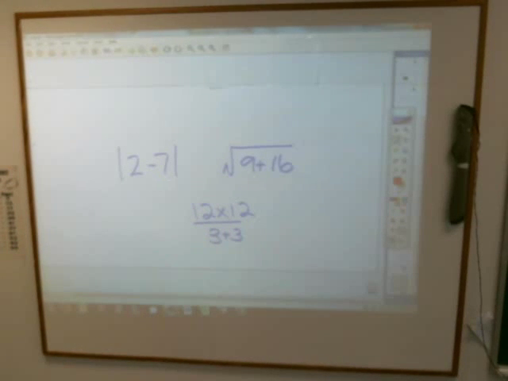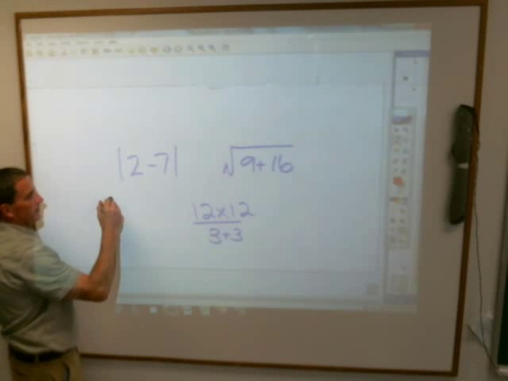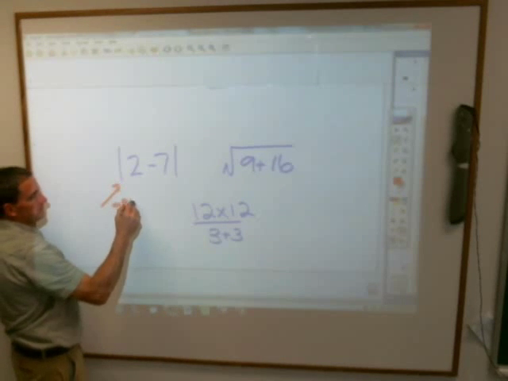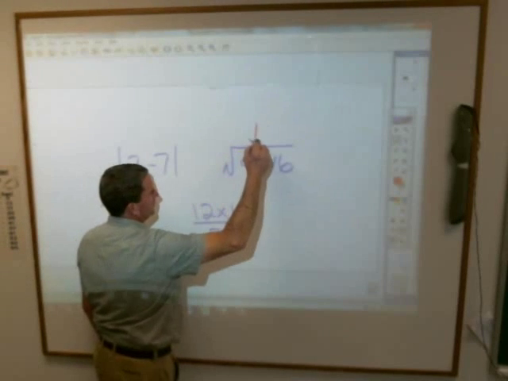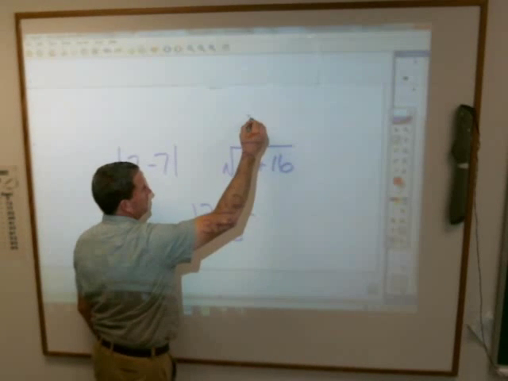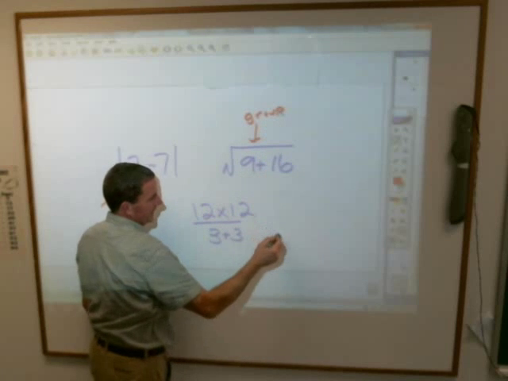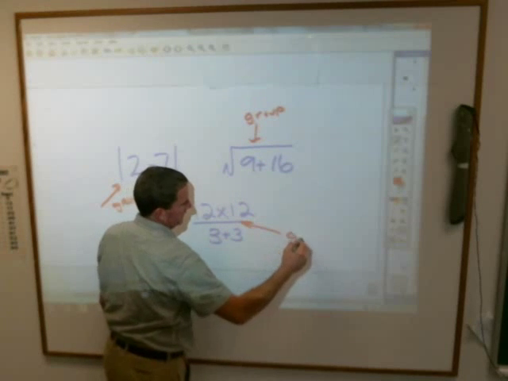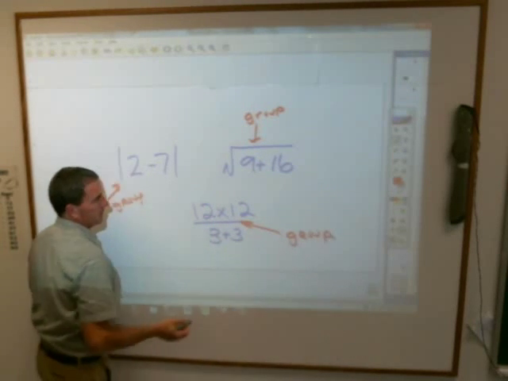If you see problems like that, these are three different examples of grouping symbols that you don't usually think about. Absolute value signs are grouping symbols. The square root or the radical sign there is a grouping symbol, as is a fraction bar. It's a grouping symbol. Okay?